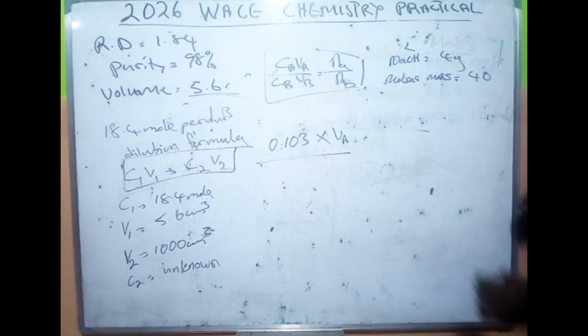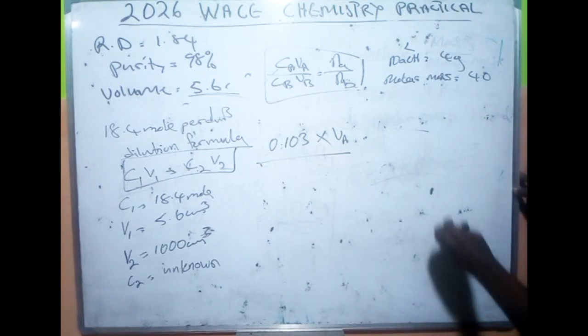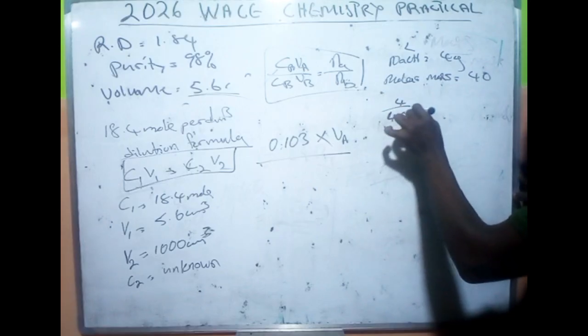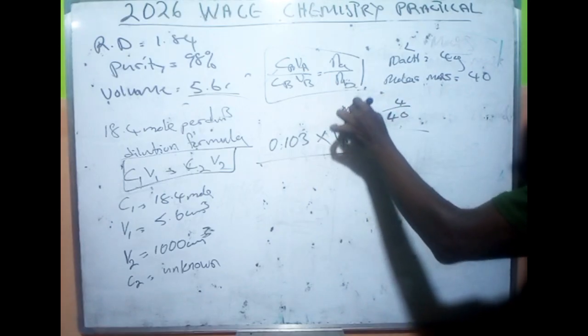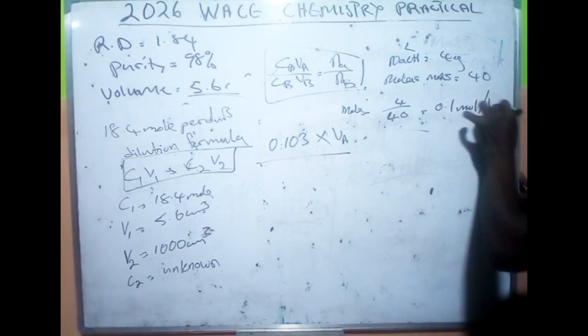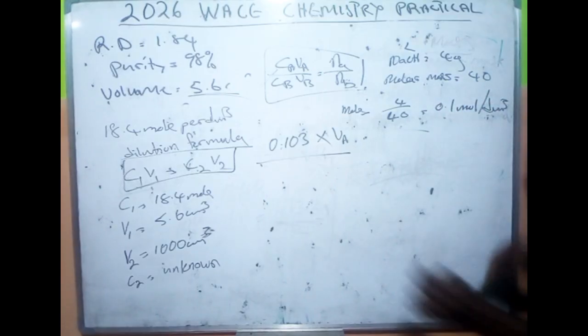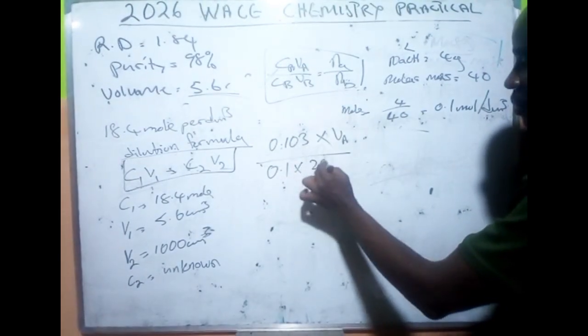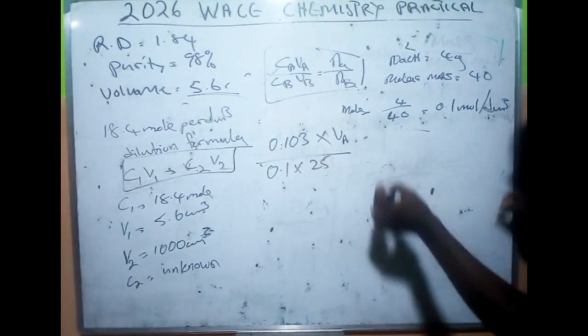So to get the molar concentration of this sodium hydroxide will then be 4/40. That will give us 0.1 mole per dm cube. So in that case, we'll substitute it here. We have 0.1 times 25 because that's the volume we normally use in most cases.